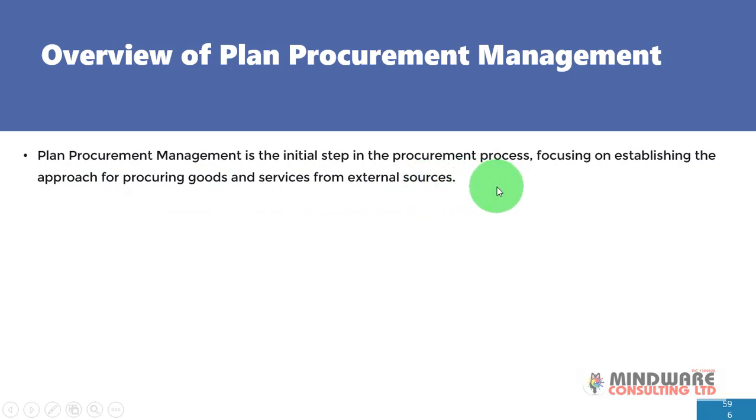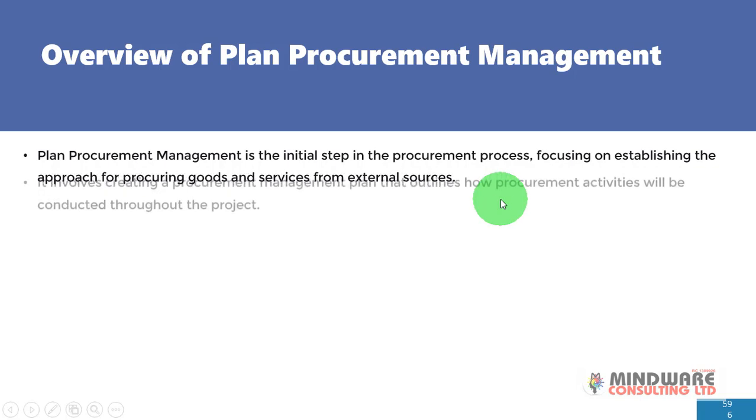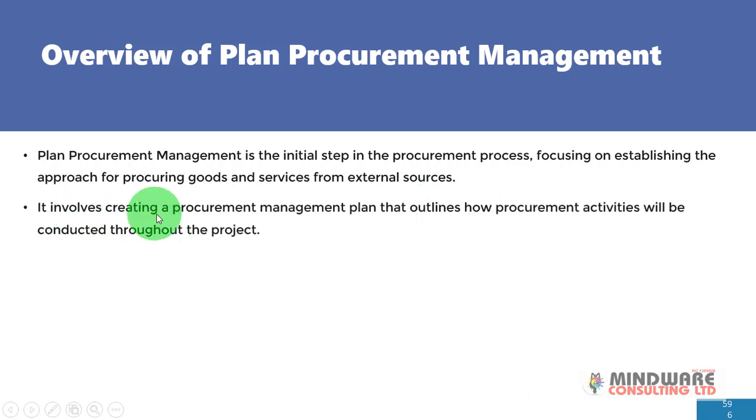The focus here is to define the approach you're going to take as a project manager in procuring goods and services from outside of the project team or the project organization. It involves creating a procurement management plan that outlines how procurement activities will be conducted throughout the project.